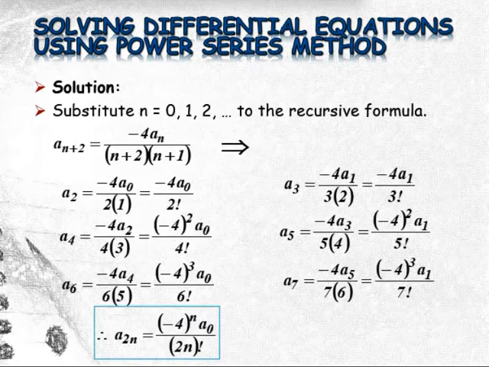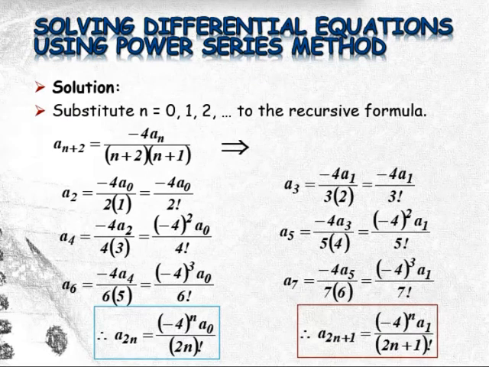We now conclude that the odd subscript expressions are each equivalent to an expression multiplied by a sub 1. So as a conclusion, we will have a sub 2n plus 1 equals negative 4 raised to n times a sub 1 over 2n plus 1 factorial.